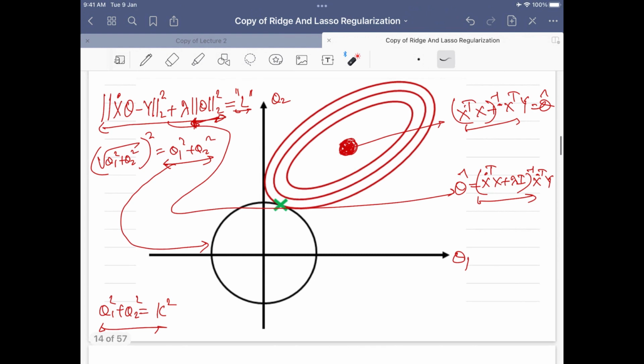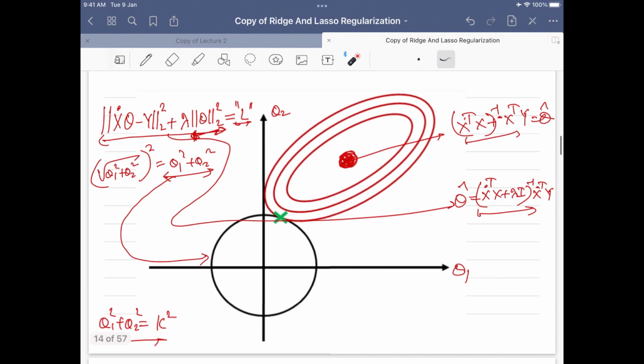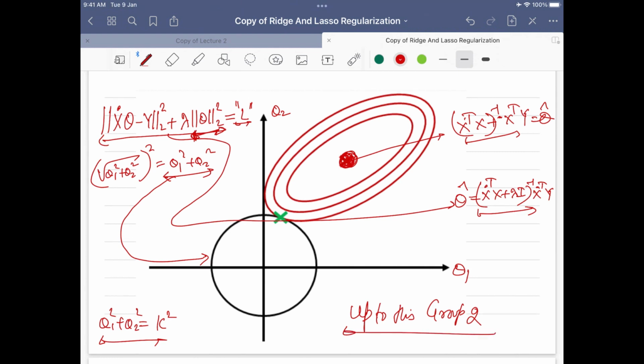Okay, if you do not have any questions, then up to this point, group 2 will do the assignment. After this, they can stop. So up to this point, group 2 will write the literature. After this, group 3 will start. How many of you are in group 3?